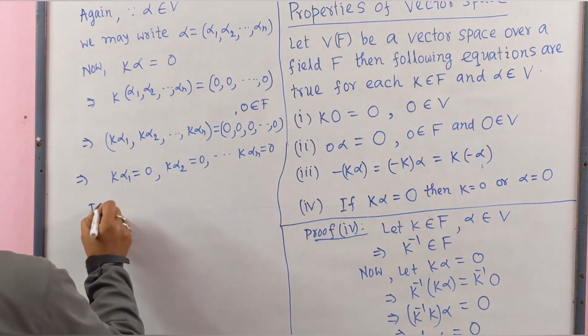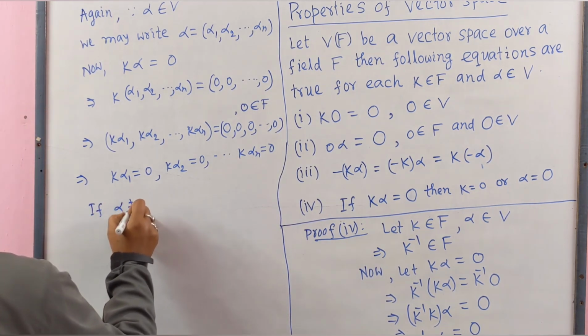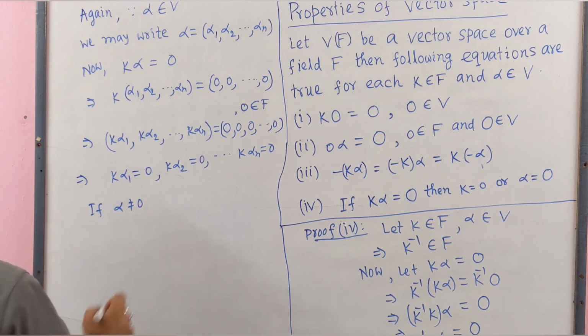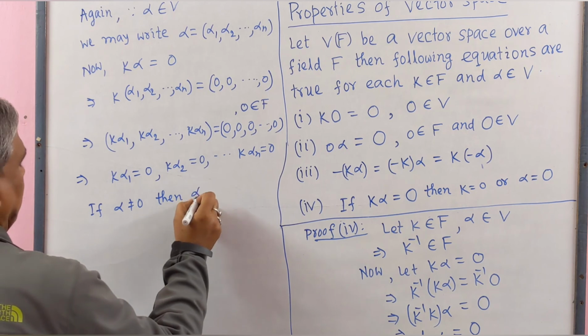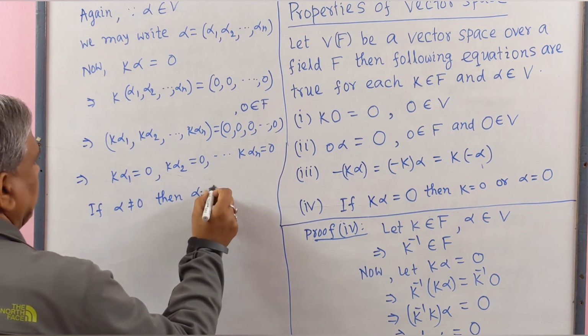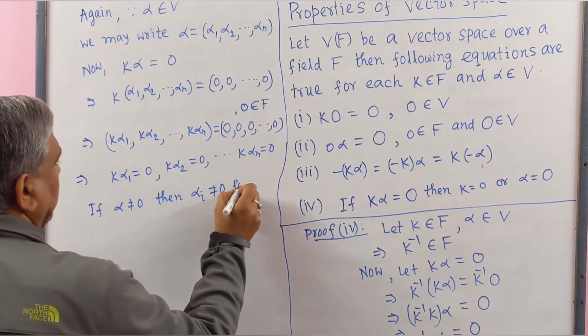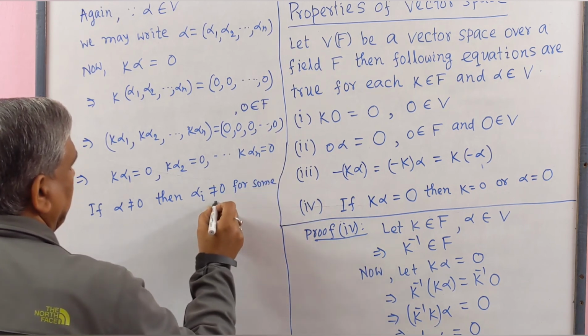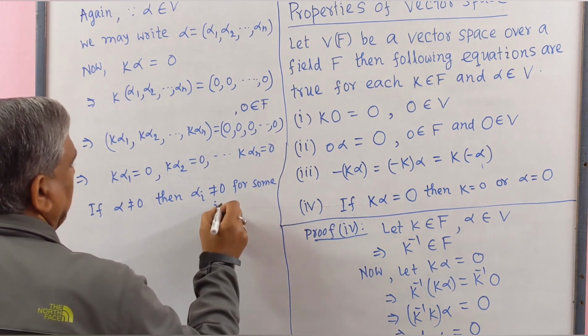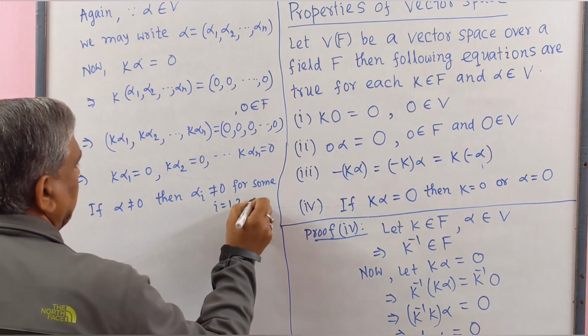If alpha is not equal to 0, then alpha i is not equal to 0 for some i from 1 to n.